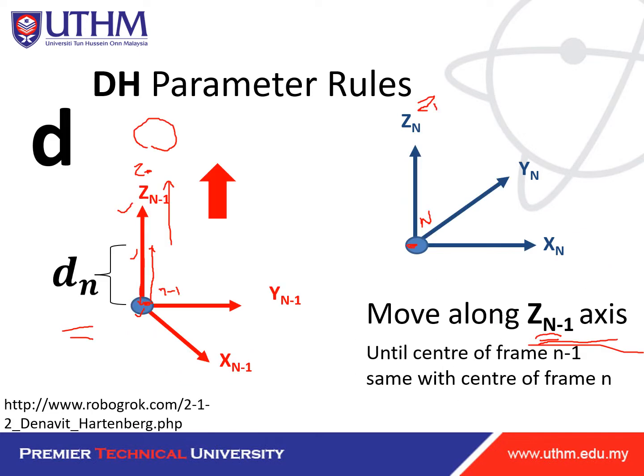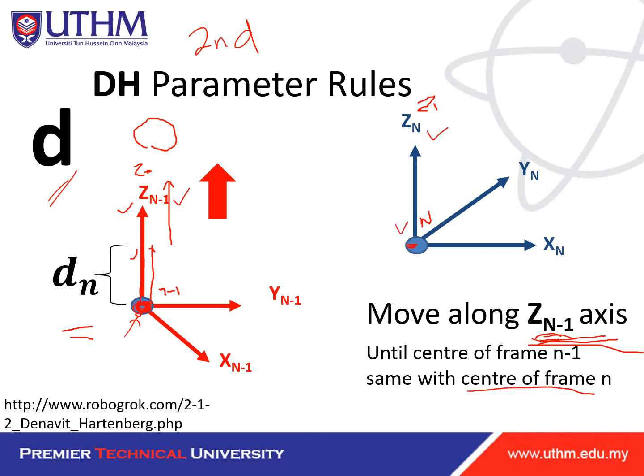Now we go for the second DH parameter, which is d. Note that we are still using the Zn minus 1 axis, which is this axis, and this is Zn. We want to move the center of the Zn minus 1 frame so that the center of the frame will be the same as frame n.